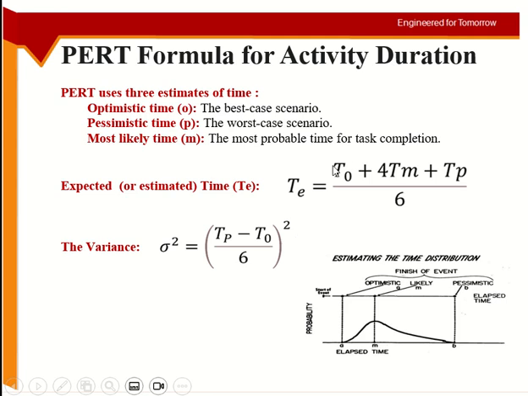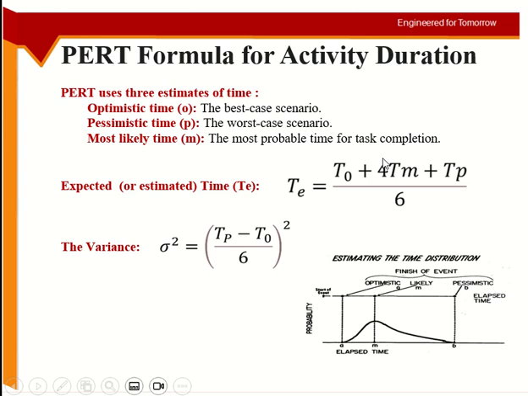You can see it's not a normal average here. In normal distribution we take the normal average, this plus this plus this divided by 3. But here you can see this is a weighted average because of the beta distribution. We have 3 times: best time, optimistic; worst time, pessimistic; and most likely time, which everybody is more confident about, TM.